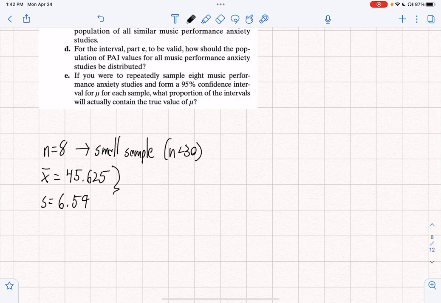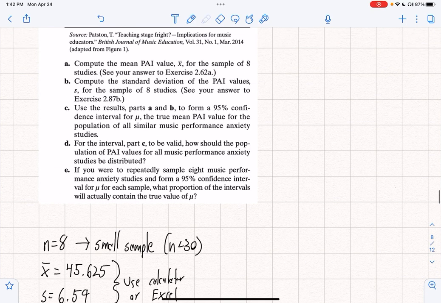That's just plugging my 8 values into Excel. So that was parts A and B. Part A was x bar, and part B was the sample standard deviation. We've done that. Now we're on to part C.